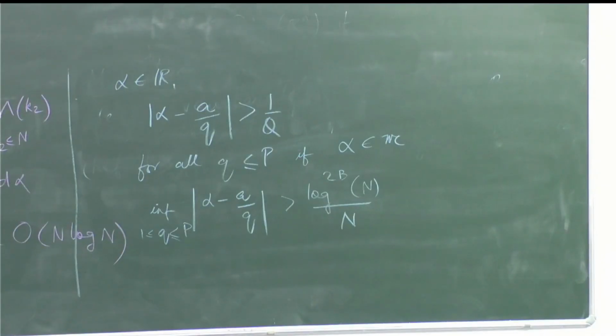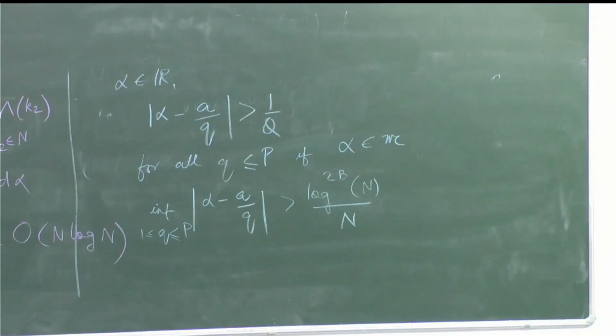So now, I have a lambda n. Lambda n, you remember, it's the von Mangoldt function.